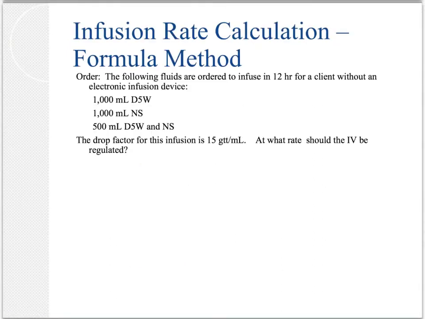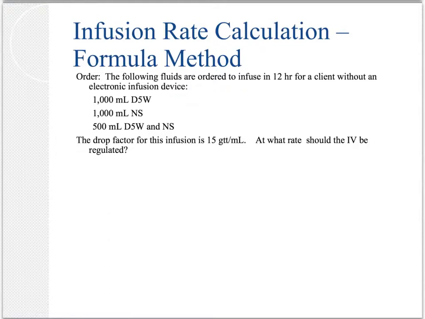The formula method first. In this example, the prescriber has ordered the following fluids to infuse in 12 hours for a client without an electronic infusion device. The prescriber has ordered 1,000 milliliters of D5W, which is 5% dextrose in water, 1,000 milliliters of NS, or normal saline, and 500 milliliters of a solution containing both D5W and NS.